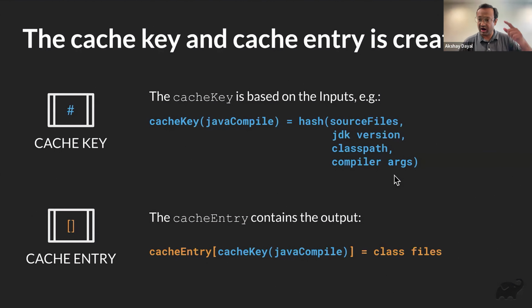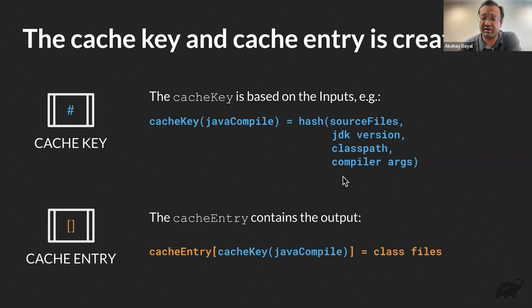The compiler args are inputs. And so the compile Java task has been configured to share all of these details with Gradle and say these are the inputs that you need to look at when you're seeing things have changed or creating that hash. And then of course the entry in the cache is just the compressed output. In this case, it's the class files that are created by the Java compile task.